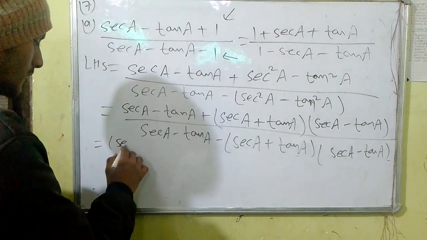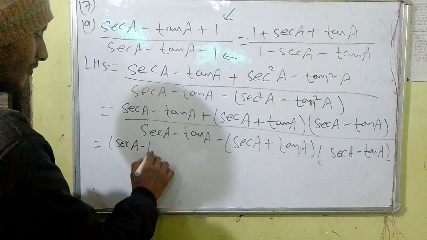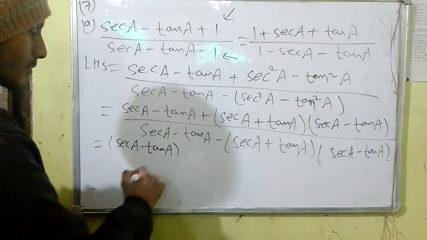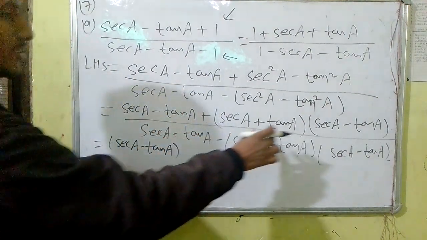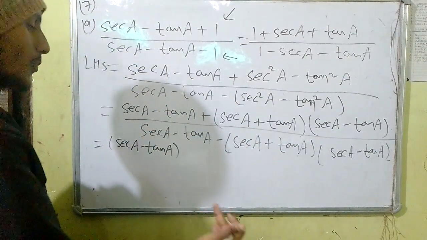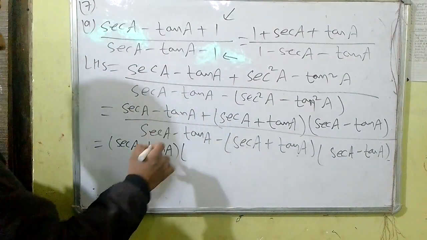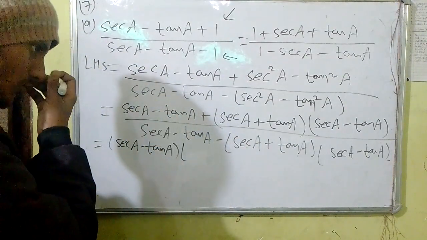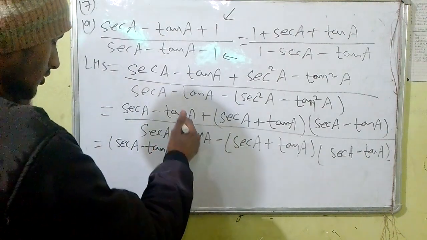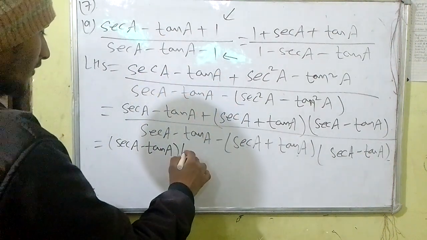This is going to be a harder factoring, because secant a minus tan a is common here, since we have two terms common, secant and tan. That's why some students get confused in factoring this out, but this is just like normal factoring.